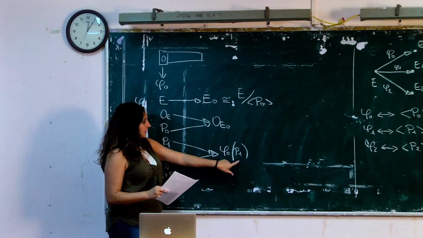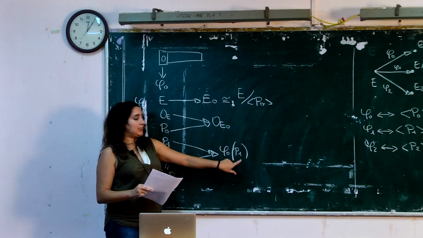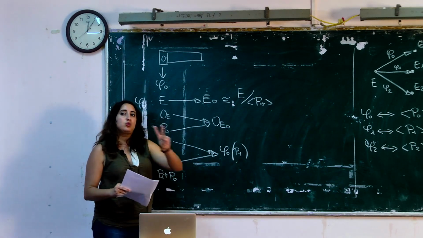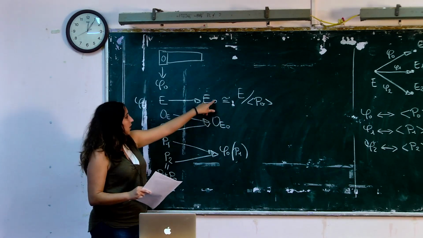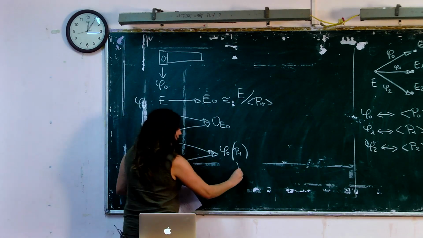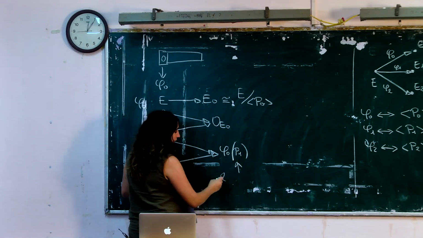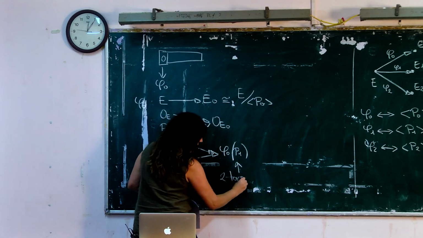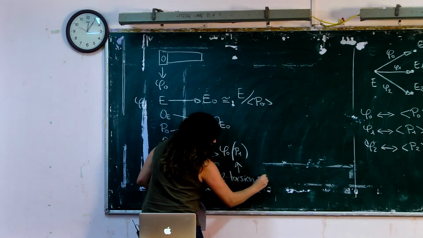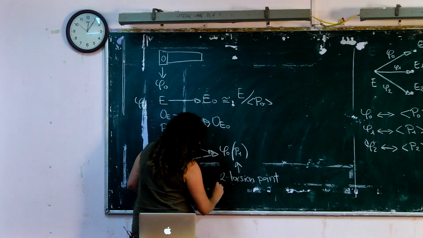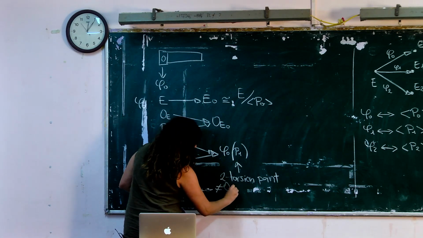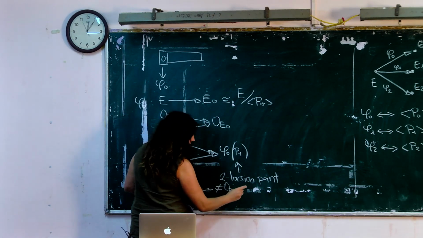Now, it is easy to check that this new point is a 2-torsion point of the new curve E0. That can be an exercise. This is a 2-torsion point of E0, different from the identity.